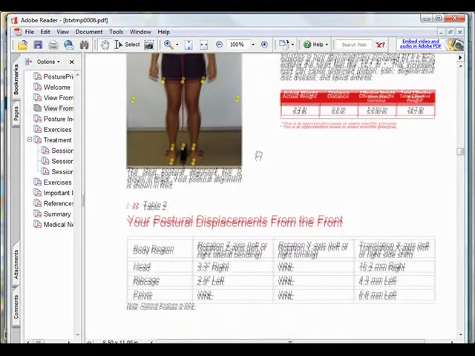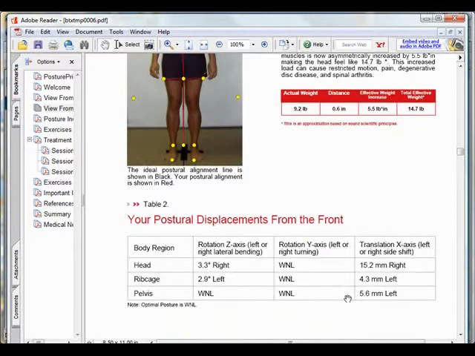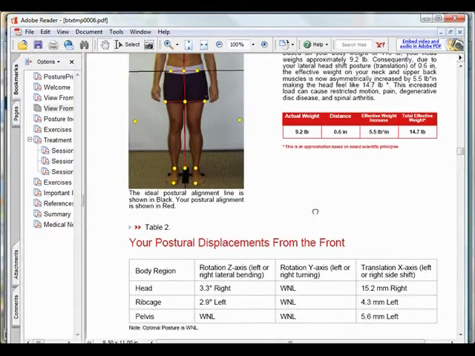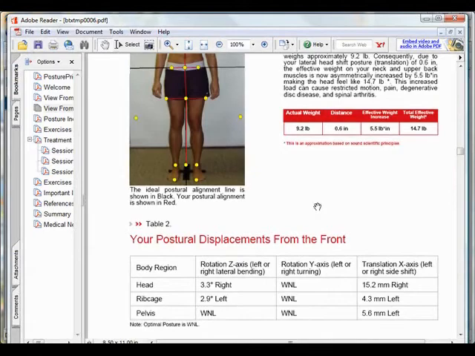And again, the unique thing about PosturePrint is it's the only software that can calculate R, Z, and the rotation Z, rotation Y, and rotation X, as well as the translational distances. So 3 dimensions of analysis. It's not just a screening tool, this is a clinical tool.